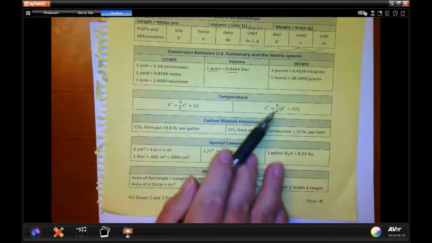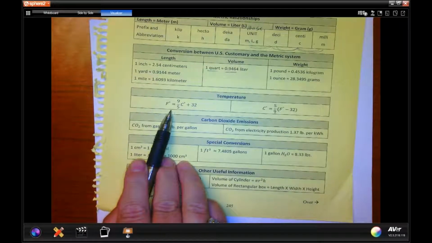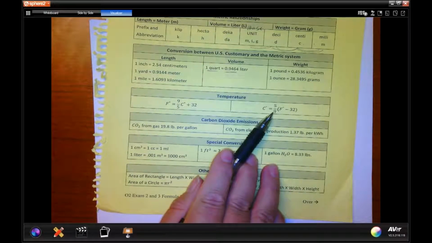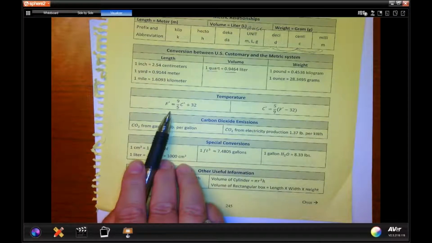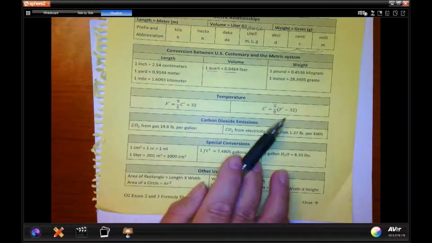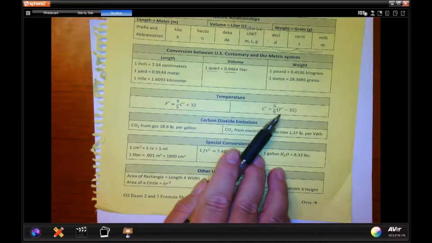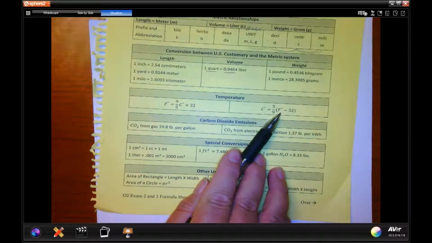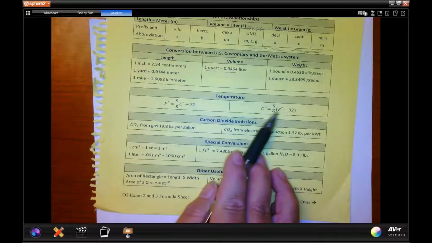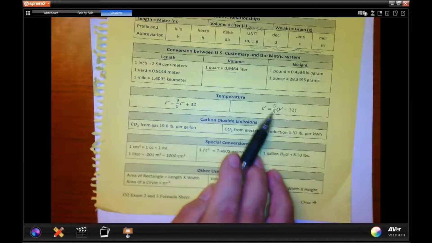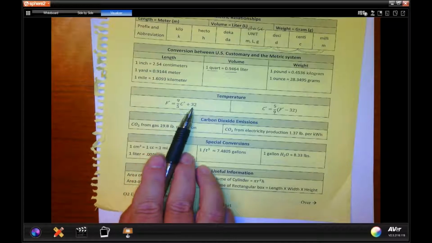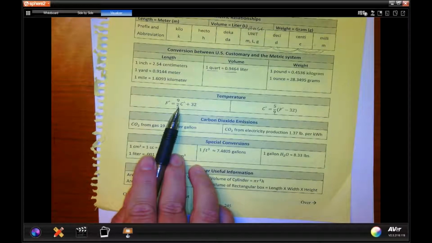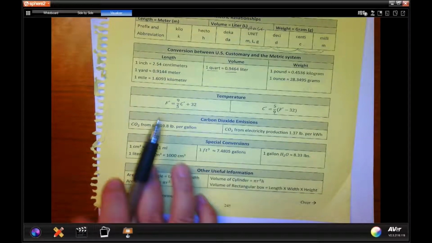Water freezes at 0. Fahrenheit is 32. Water boils at 100 in Celsius. And it boils at 212 in Fahrenheit. Make sure if you're given Fahrenheit and looking for Celsius, you use this one. You got to do parentheses first, then multiply. If you use this one, you can't add, you have to multiply first. People mess up on order of operation.